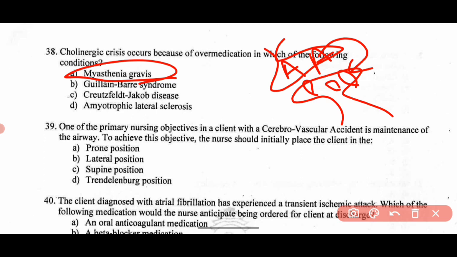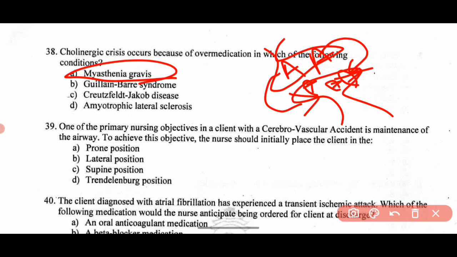Myasthenia gravis, what is happening? Autoimmune antibodies are formed, and those autoimmune antibodies sit over the receptors of the acetylcholine. All the acetylcholine receptors are covered by the autoimmune antibodies, so acetylcholine cannot reach the receptors. At last what will take place? The movement is not at all taking place.